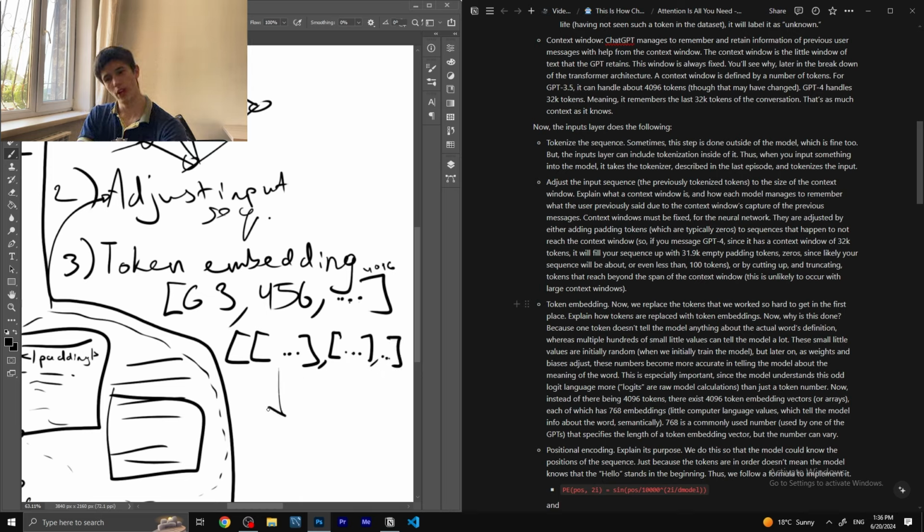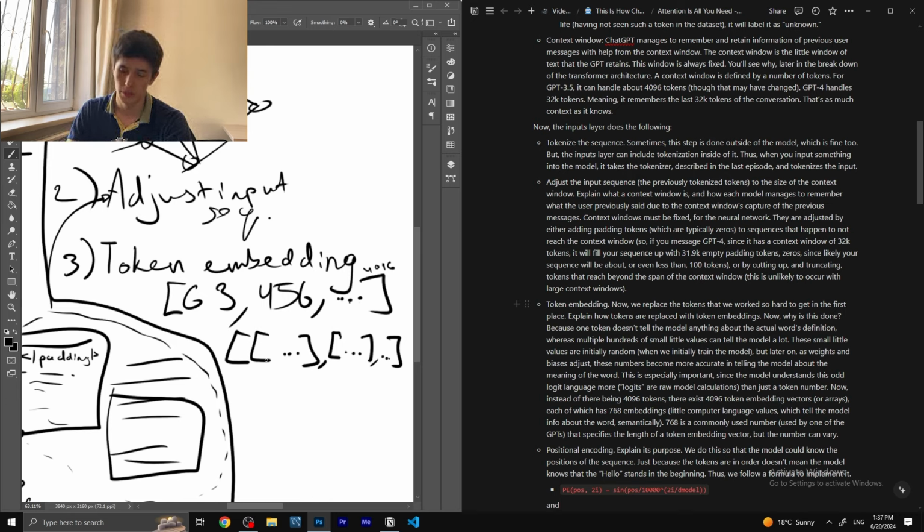And what is this array? This array contains small values that explain to the model what is going on inside, what the token is actually about. The model can't understand much by looking at the token alone. It can't understand that this is hello, that this is a greeting. So we need these small values that speak in model language, in computer language, for the model to understand what the word actually is.